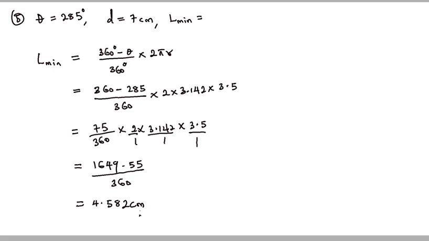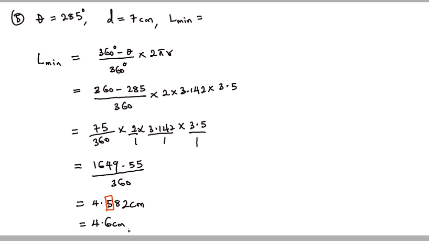That's a long decimal, so let's just approximate to one decimal place. The first decimal place here is 5. What is next to 5? Next to 5, we have 8. So I can take 1 from 8 and add to 5, so that it becomes 4.6 centimeters to one decimal place.